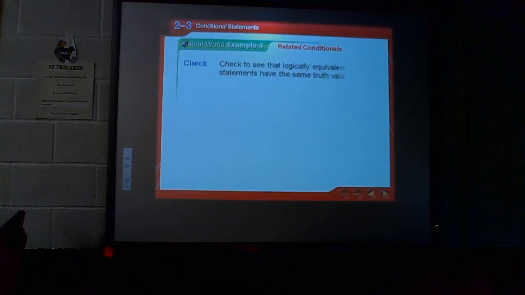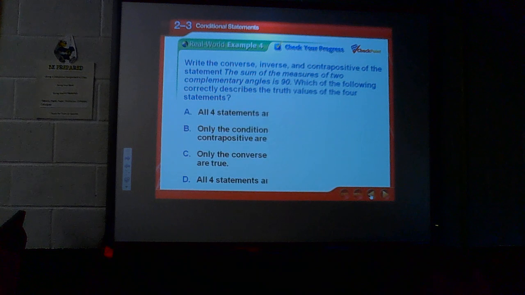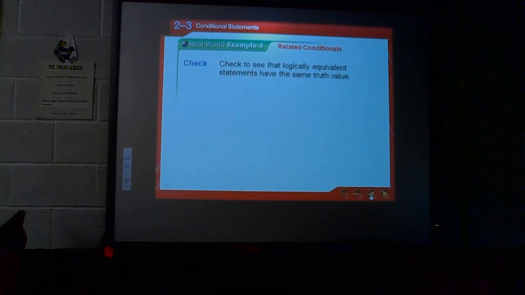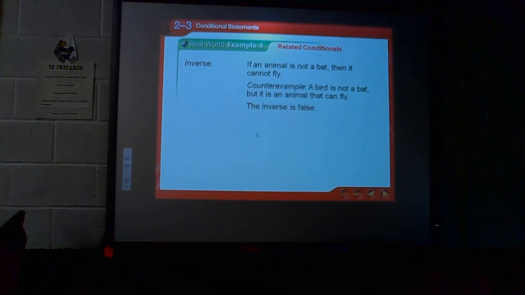So my contrapositive is, if an animal cannot fly, then it is not a bat. Think about an animal that cannot fly, then it is not a bat. What do you think? The contrapositive is true.